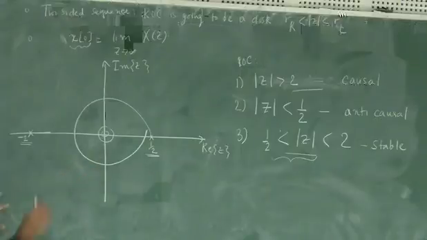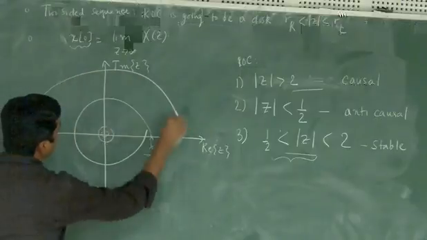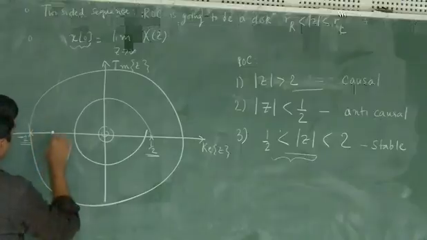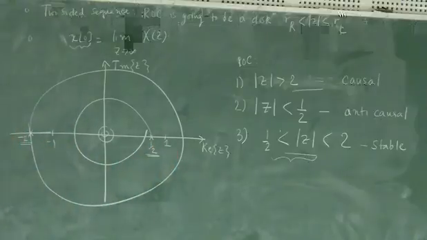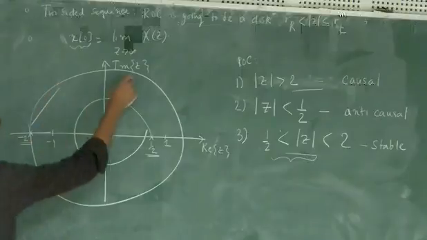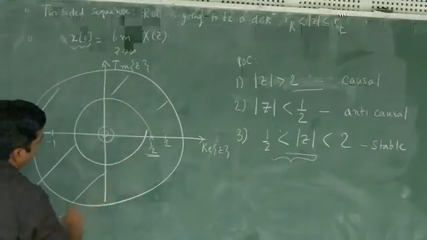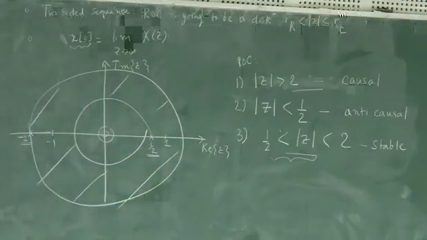Because the ROC includes the unit circle, right? If I have this. Greater than 2 means causal, and the third case means stable, right?